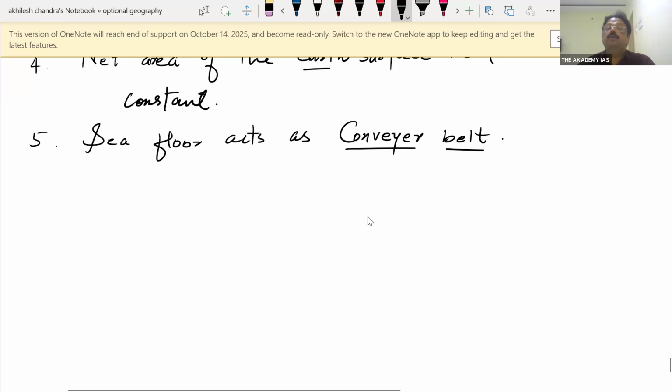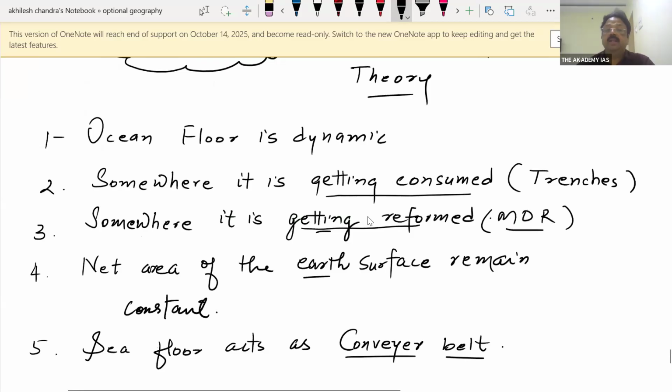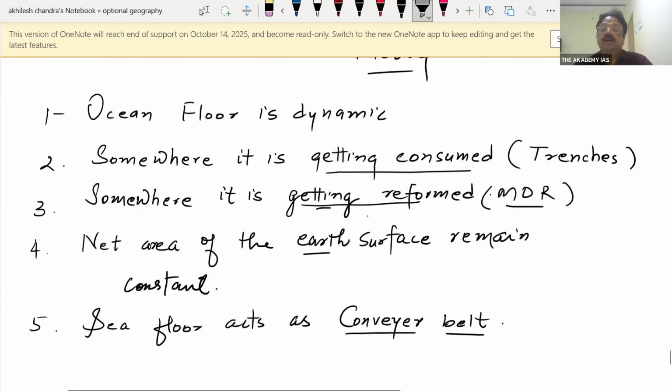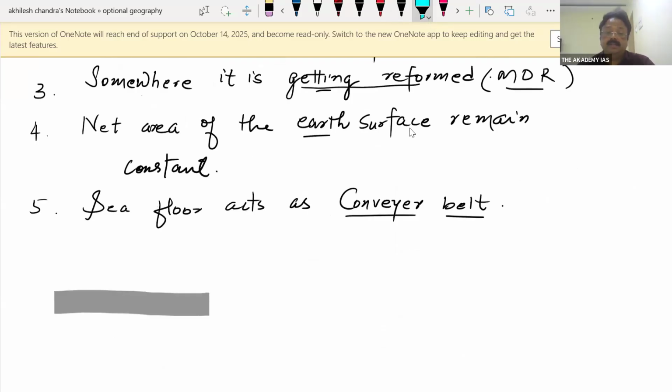Fine. So how are the continents drifted apart? Because of seafloor spreading. Let's take up the example of Africa, India, as well as Eurasia. So here, this is Gondwanaland. And north of Gondwana, there is the Tethys Sea. This is the Tethys Sea.